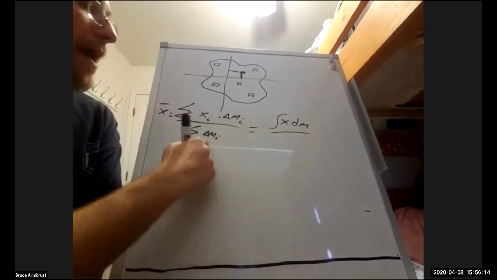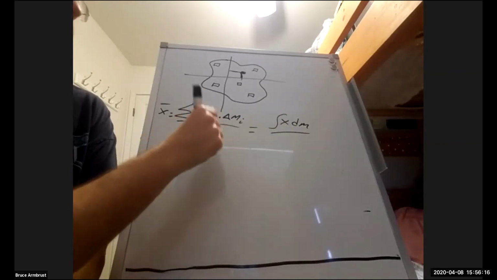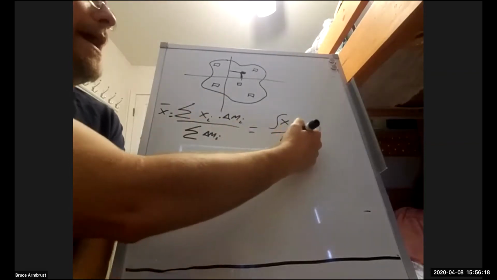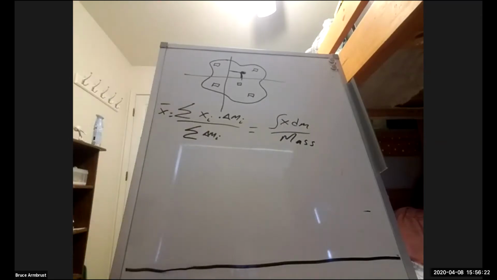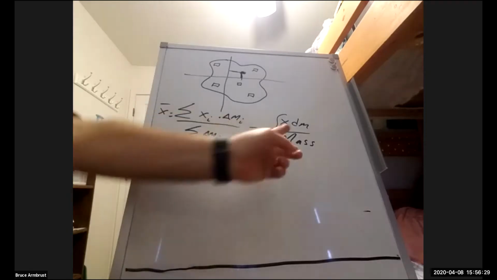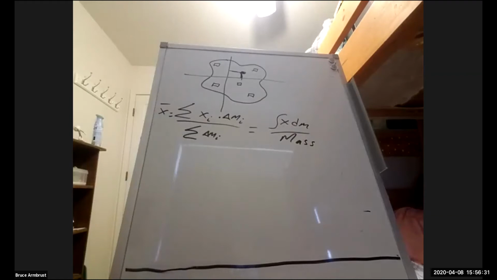And then on the bottom, if we add up all those little differential masses, we just get the total mass. So you probably remember doing that. It's a great example of using calculus. And similarly for y bar, you just exchange the x with a y. Right? So you kind of remember doing that kind of thing?